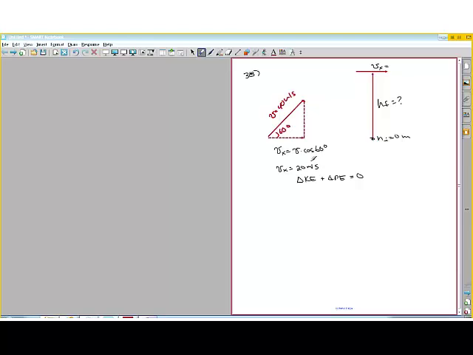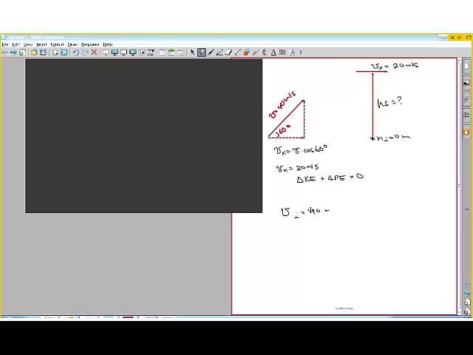Okay, that's a half. Half of 40 is 20. At this point, we only have the horizontal velocity. So this is 20 meters per second. V sub y is 0. So what we can say is that the initial velocity, let's use i's and f's this time, is 40 meters per second.